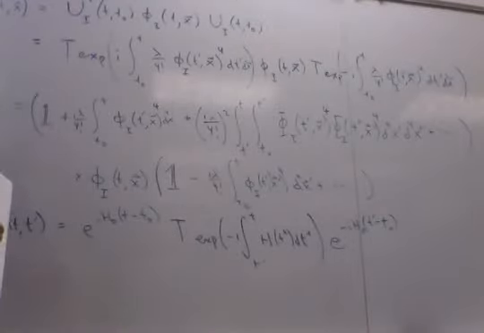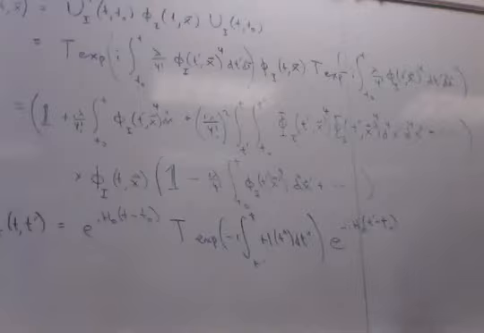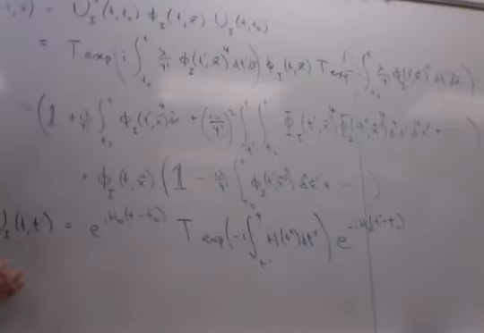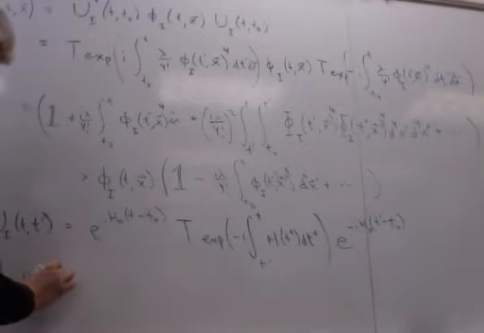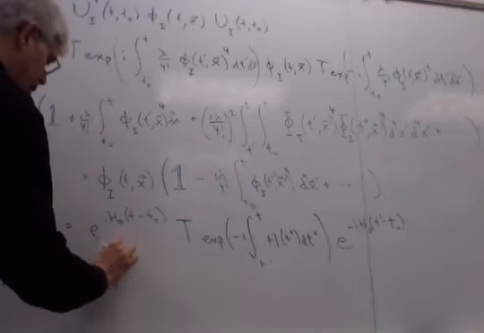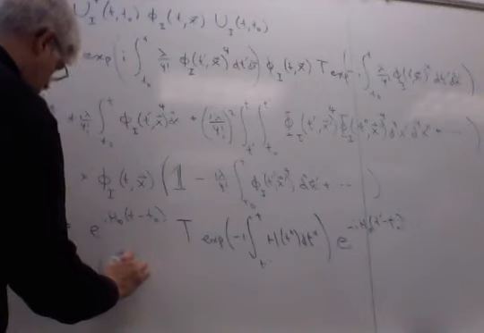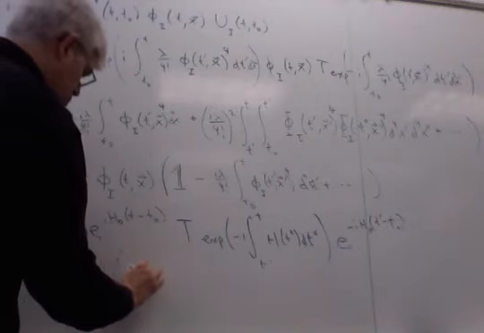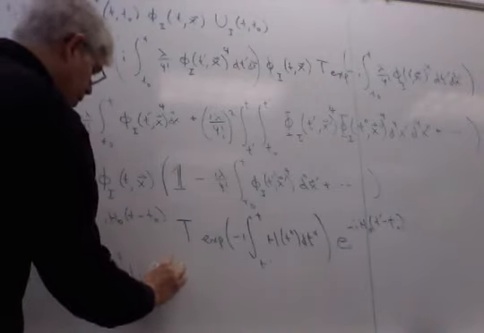And so we're going to use this actually to evolve operators not just from t0 to t, but between arbitrary times. It's clear from this expression that U_I is unitary. U_I dagger times U_I is the identity.